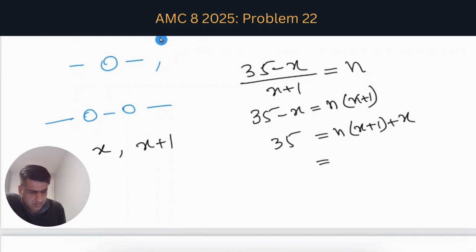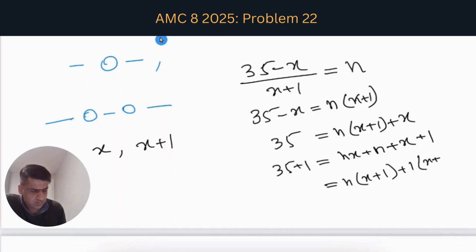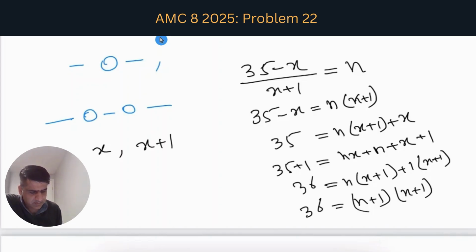And now I can have nx plus 1 plus n plus x, and I can add plus 1 here, and also I will add plus 1 here. So now if I take n common, I will have x plus 1 plus 1 and x plus 1, and then I will be left with x plus 1, and that will be equal to 36.